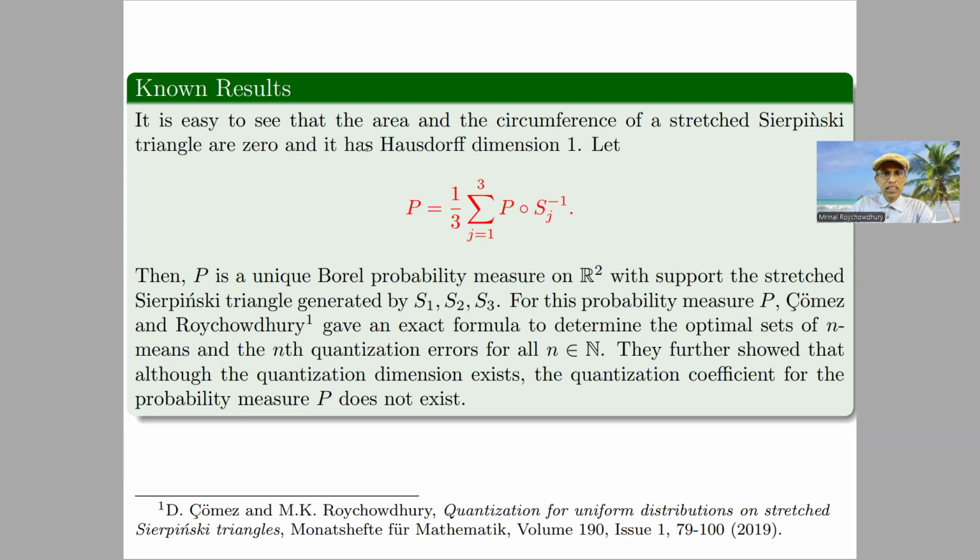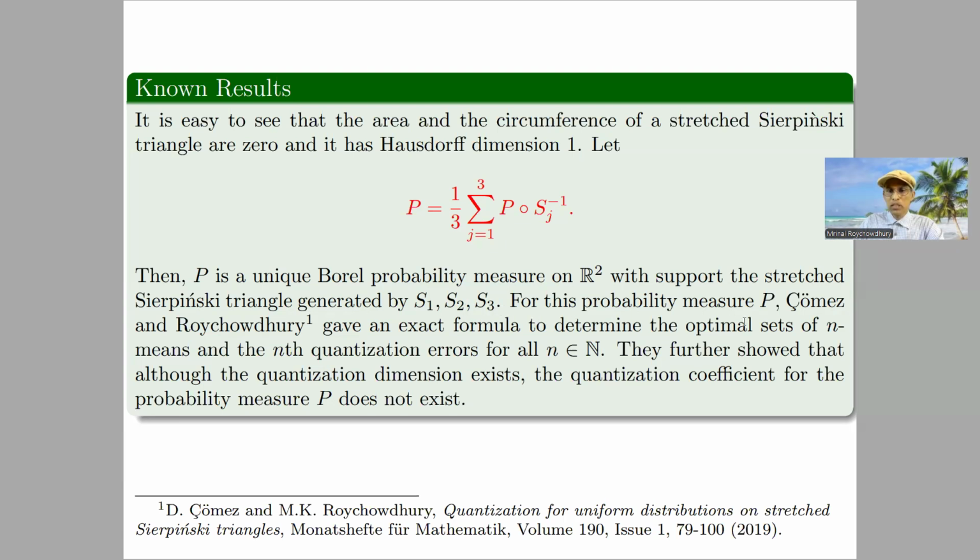It is easy to see that the area and the circumference of a stressed Sierpinski triangle are 0, and it has Hausdorff dimension 1. Let P equal this. Then P is a unique Borel probability measure on R² which supports the stressed Sierpinski triangle generated by the three mappings S1, S2, and S3.